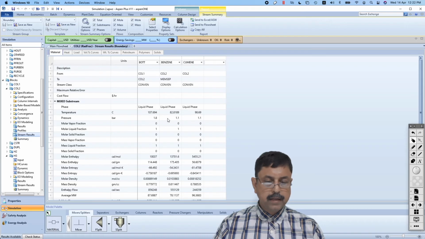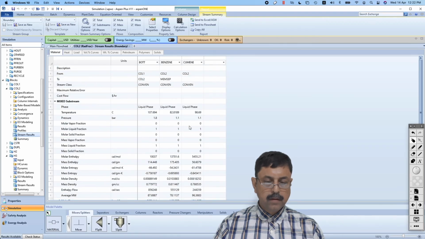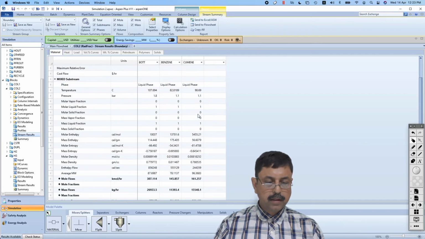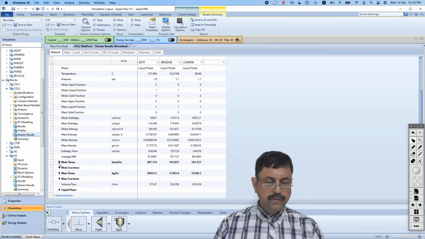So the temperature of cumene line is 98.69. It is understandable because the bottom product is always at the higher temperature than the top product. The molar flow rates.